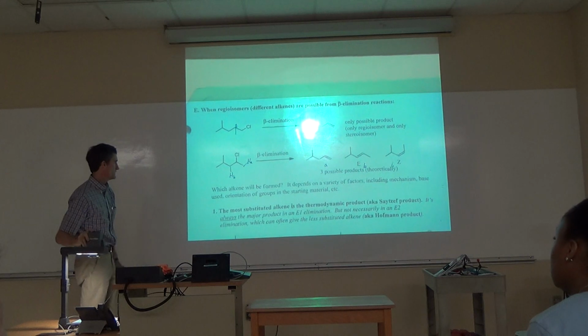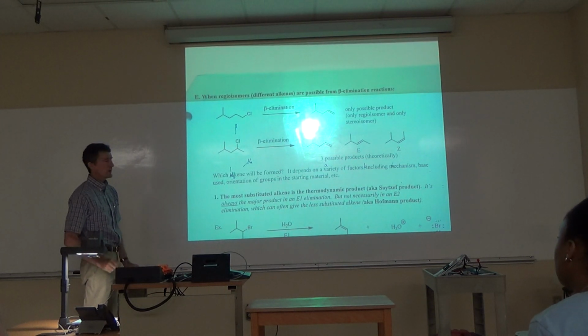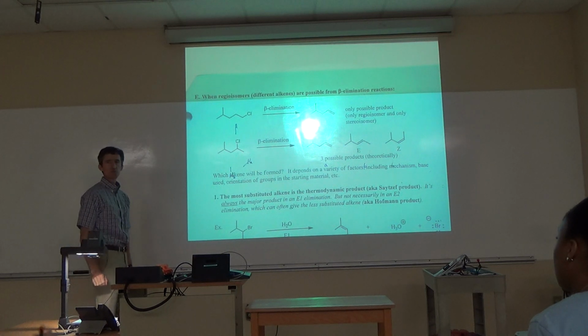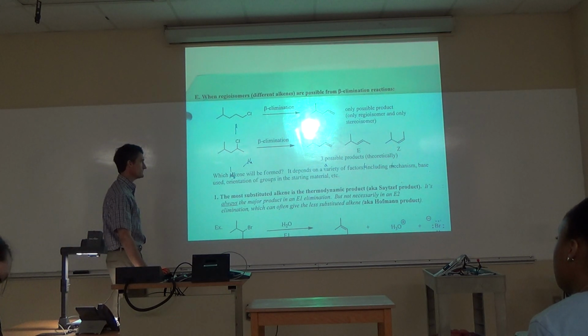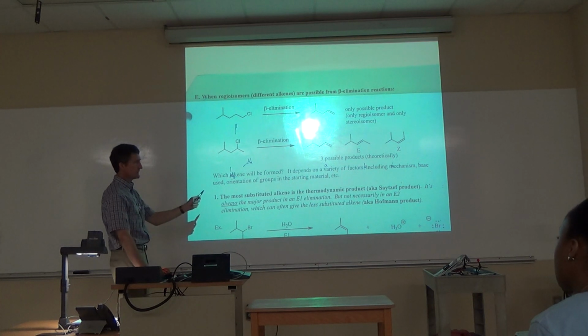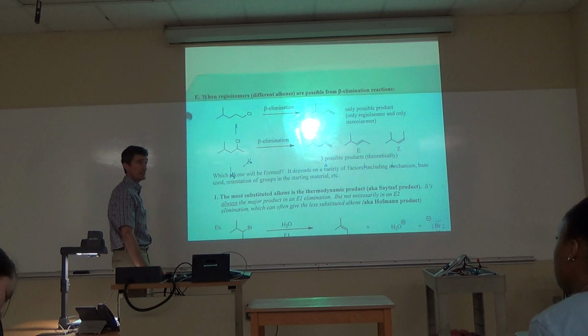First consideration, the most substituted alkene is the thermodynamic product. We already knew that. We talked about that one day a couple weeks ago. In the context of elimination reactions, that is called the Zaitsev product, the thermodynamically most stable.